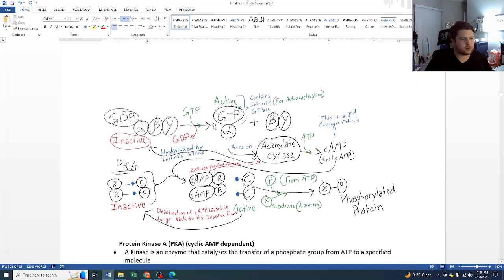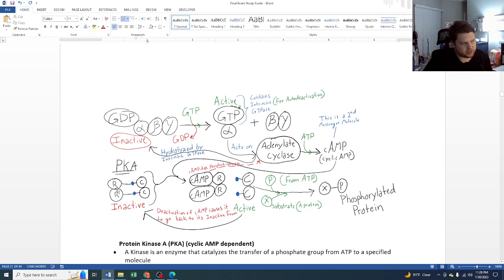And now this is going to act on our adenylate cyclase. The adenylate cyclase then, through addition of ATP, gets converted to cyclic AMP, which is our secondary messenger molecule. This is going to go and act on our PKA, our protein kinase A. And protein kinase A, remember, is in its inactive form.